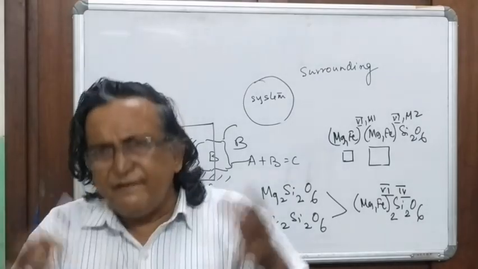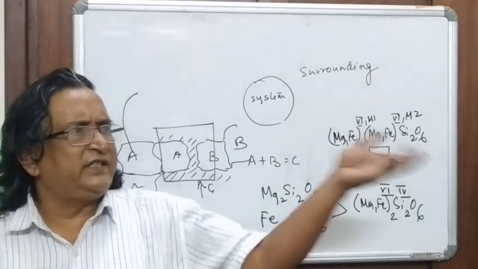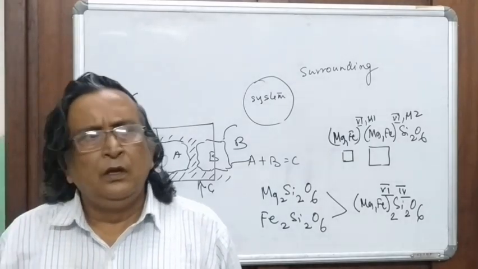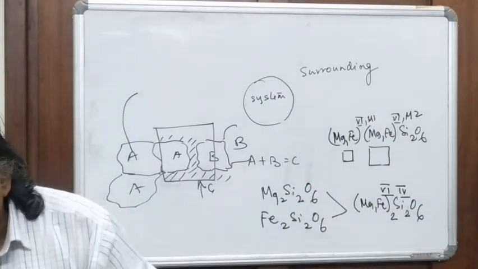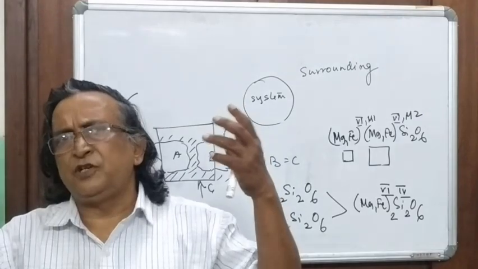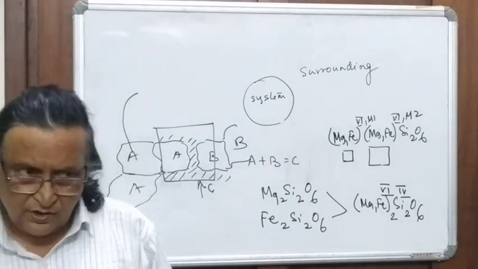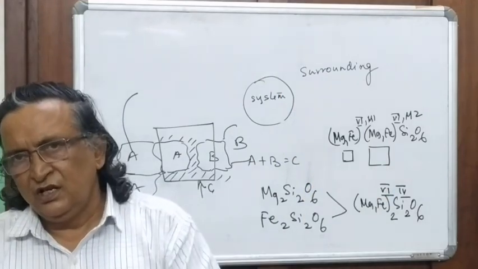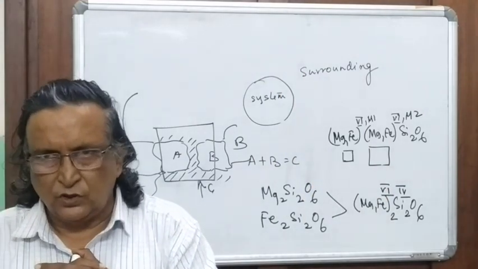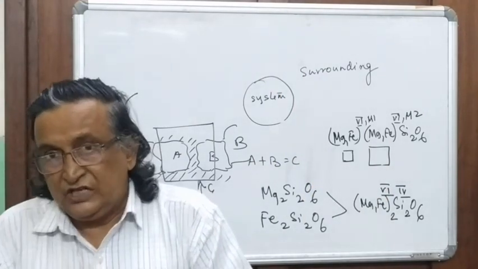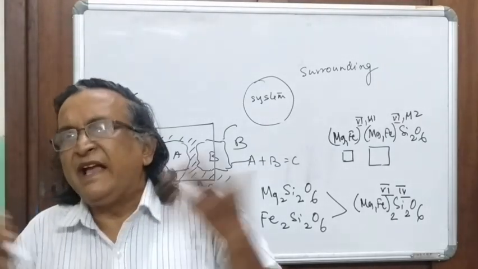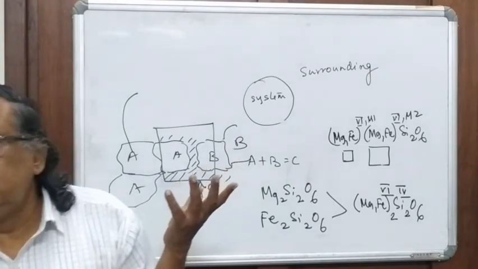Now, every rock, whether it's a sedimentary rock, a metamorphic rock, or an igneous rock, they form at a particular pressure temperature condition. If you don't change any of these pressure temperature conditions of the rock, then the rock by itself doesn't do anything.